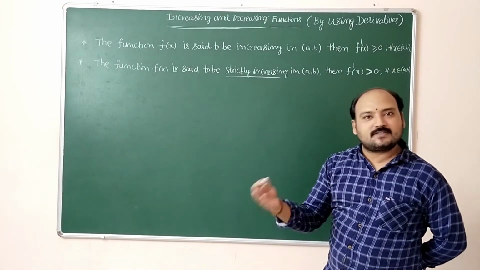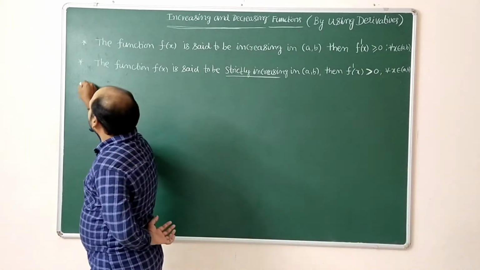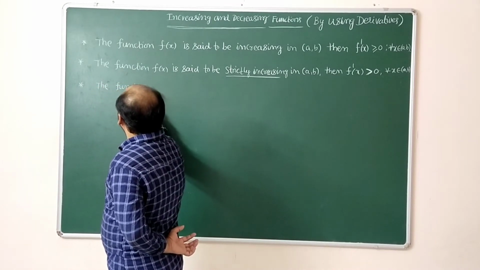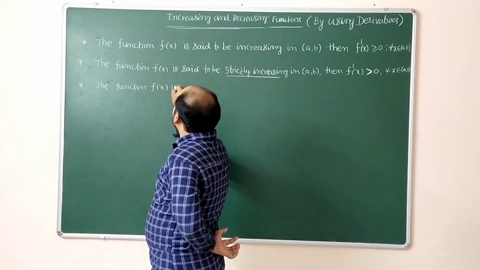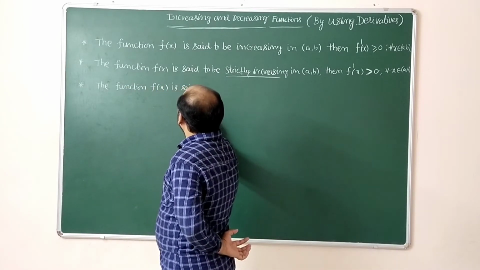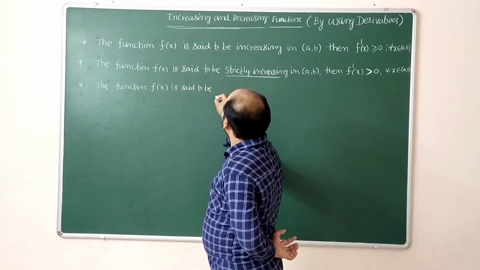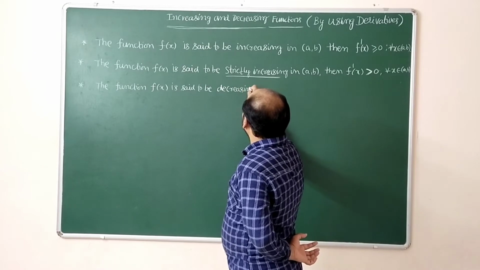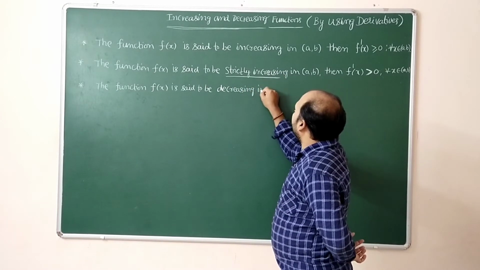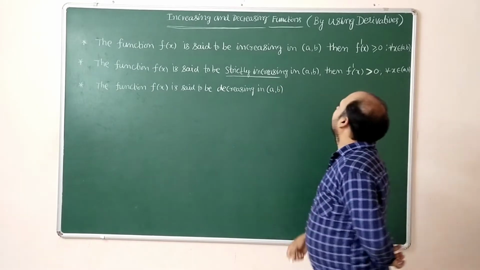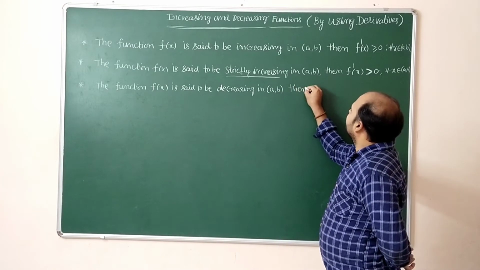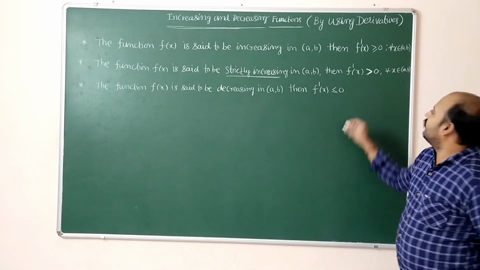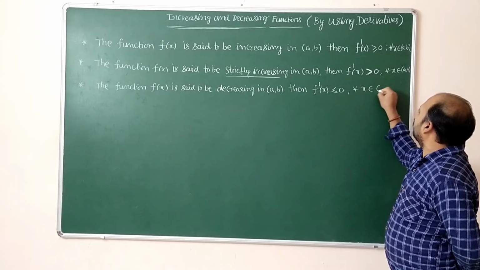Now decreasing and strictly decreasing. The function f of x is said to be decreasing in open interval of a comma b, then f dash of x is less than or equal to 0 for all x belongs to open interval of a comma b.